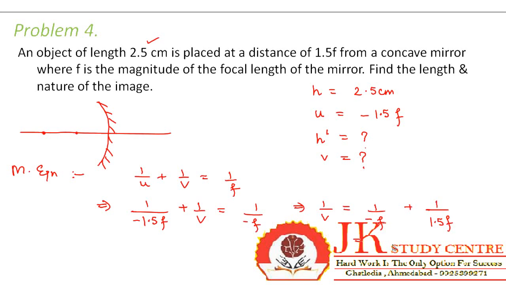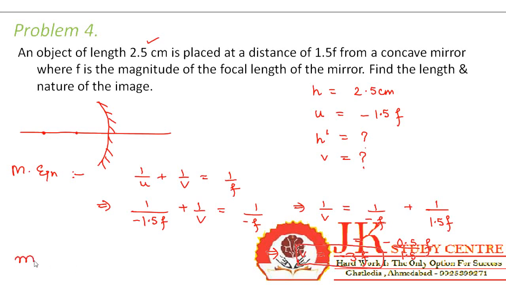So this becomes minus 0.5 by 1.5 f. So from this we can say v is equal to minus 3f. So this is the value for image distance, right?